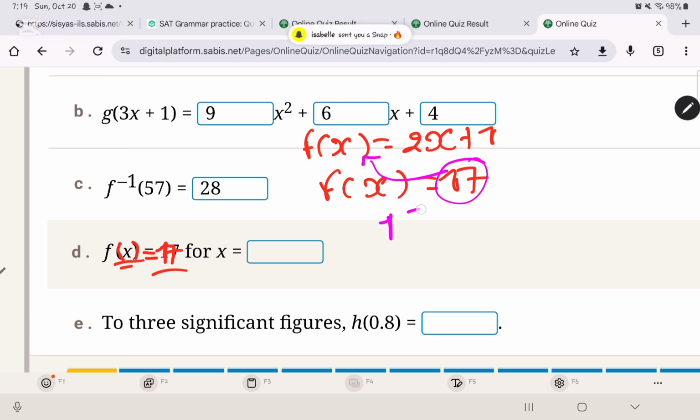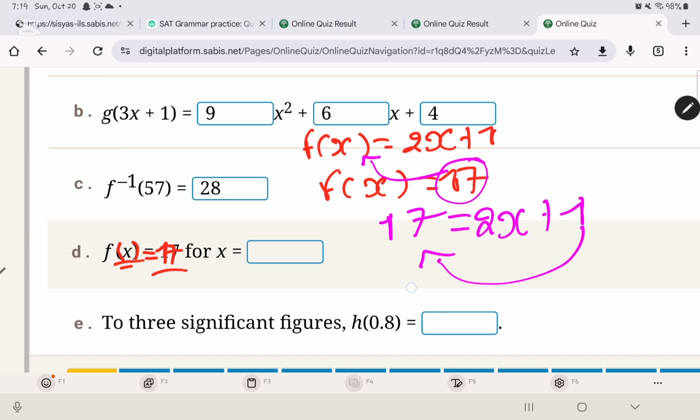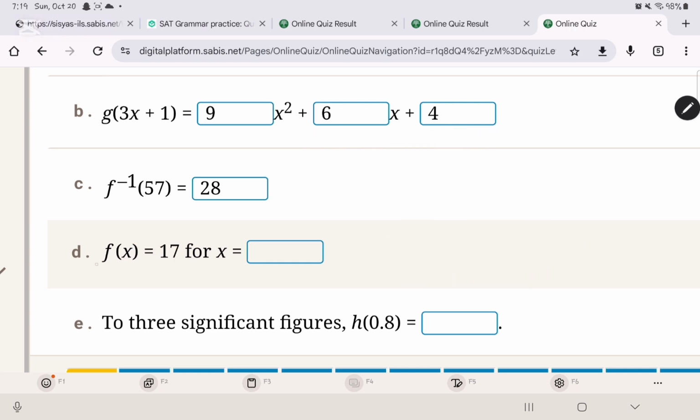So now you will get what? You will get 17 is equal to 2x plus 1. Bring 1 to the other side. You will get 16 is equal to 2x, and then x is equal to 8. So again, we have f(x) is equal to 17.